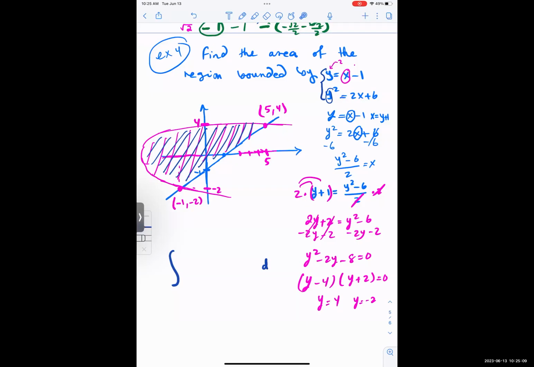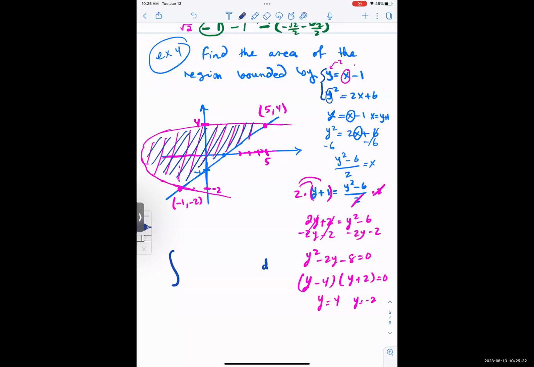If I cut it vertically, here is fine, but here they're both coming from the same graph. So in this case, you have to cut it horizontally. So then anywhere you go, right and left are two different functions.